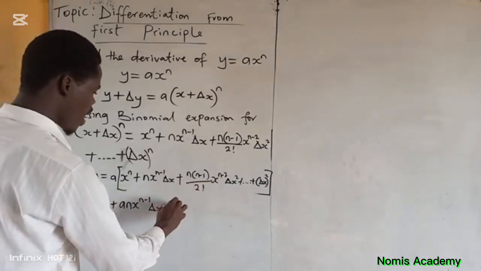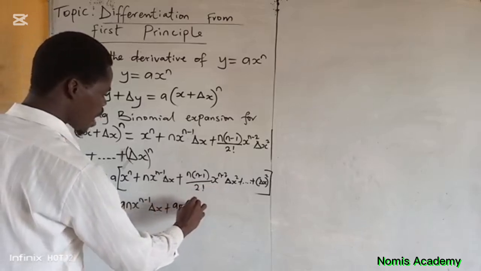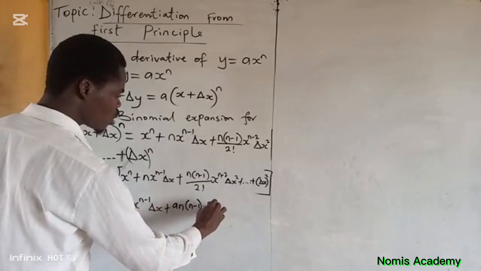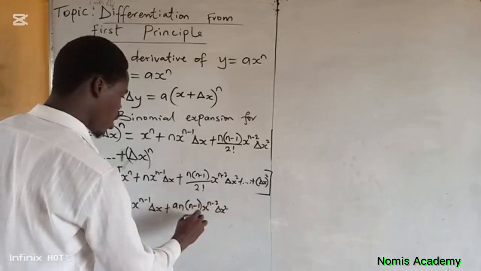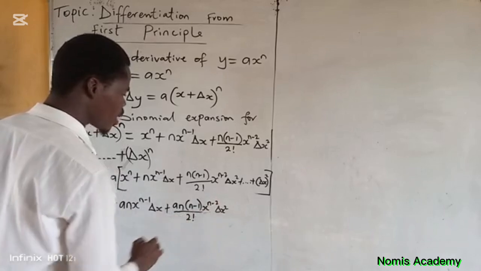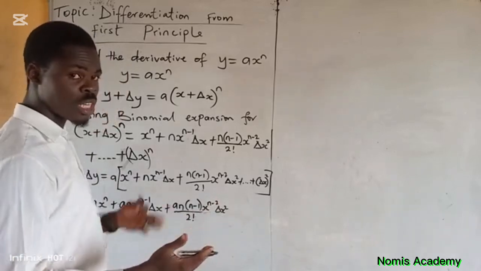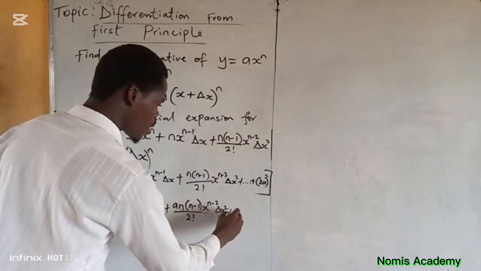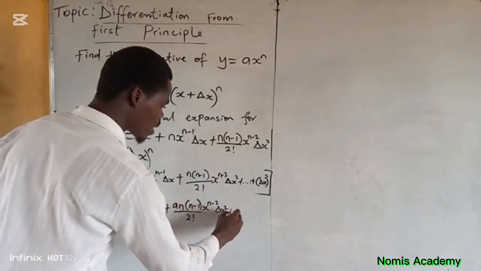We have an(n minus 1) x^(n minus 2) delta x squared, all over 2 factorial. And 2 factorial is also 1 times 2, which is 2, plus epsilon.